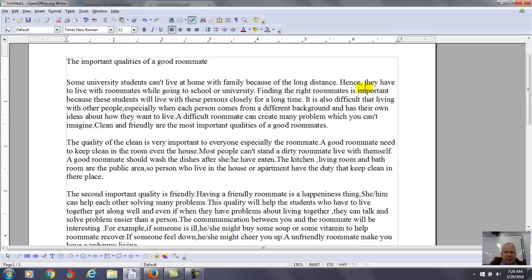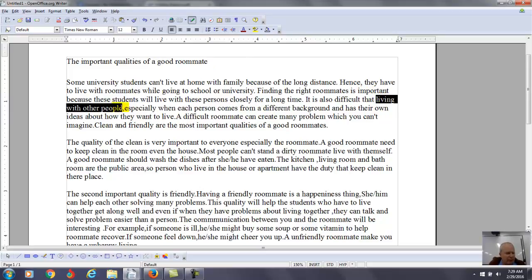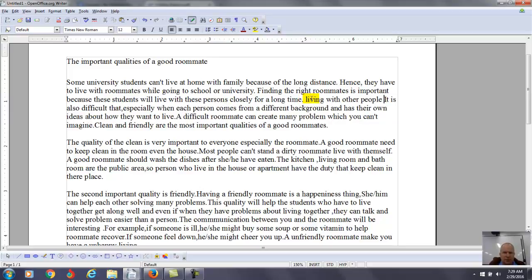I'm going to take this idea. I think you got a little bit of difficulty with your grammar here, so let's take this. I'm going to put the gerund phrase as your subject.